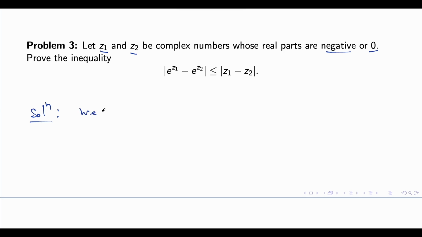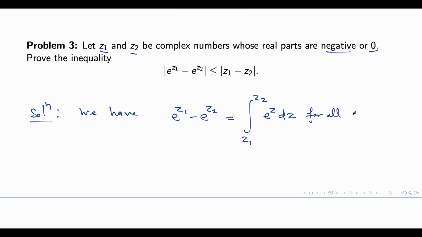So we have e power z1 minus e power z2 is nothing but the integral from z1 to z2 of e power z dz, right?